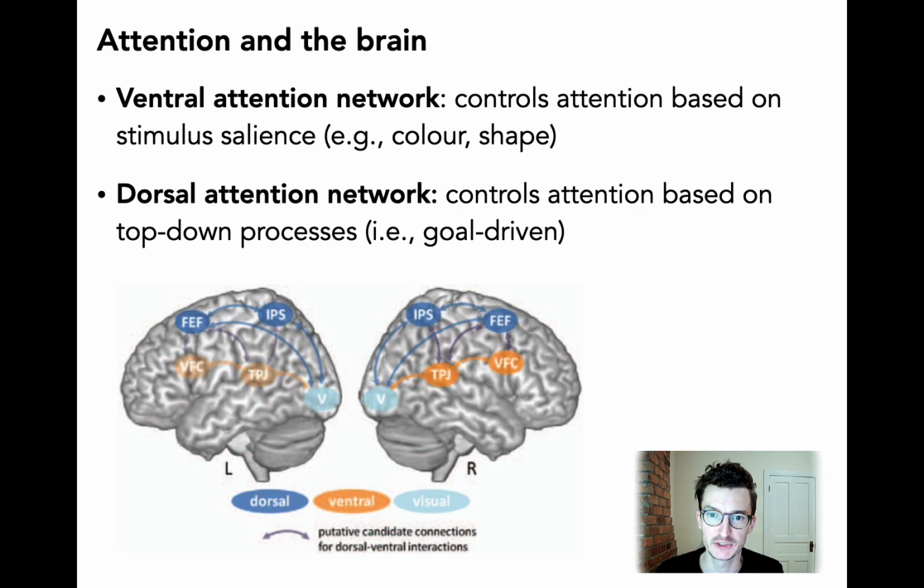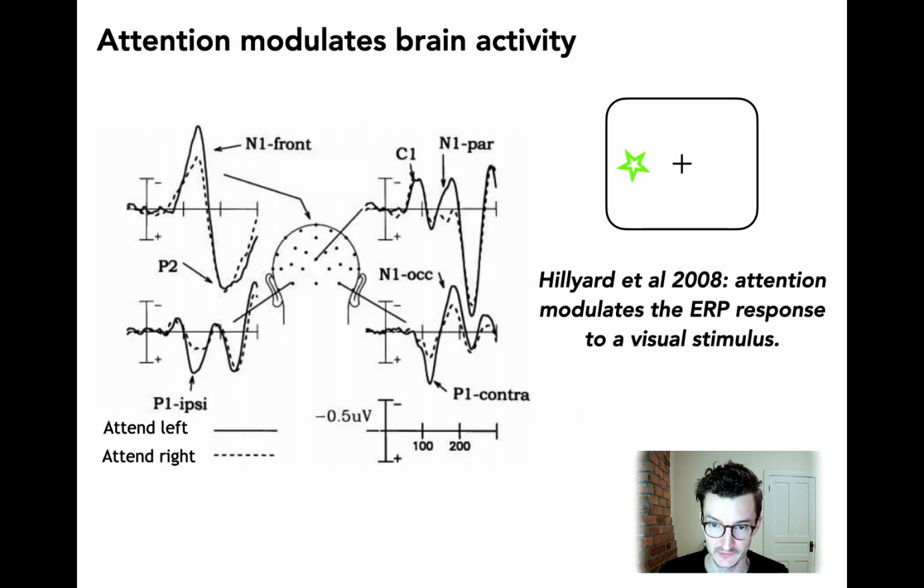How does attention change brain activity? In the last lecture, I showed you the Posner task. And so in this task, the idea is that you're cued to attend to one area in space. And if a stimuli appears in that location, you respond to it faster. And I proposed that attention basically facilitates, speeds up perception.